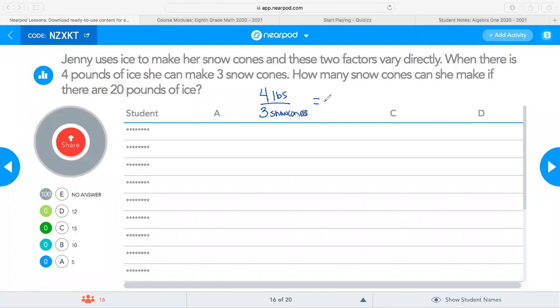How many snow cones can she make if there are 20 pounds of ice? Well, I put 4 pounds on top, so I'm going to put the 20 pounds on top as well. And I don't know how many snow cones. I'm going to just say the missing snow cones is S. You don't have to use X and Y, okay? So my missing snow cones is S. Go ahead and let's see what we get.